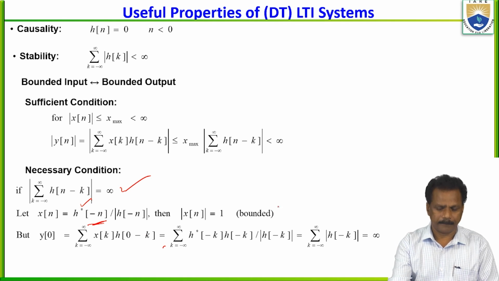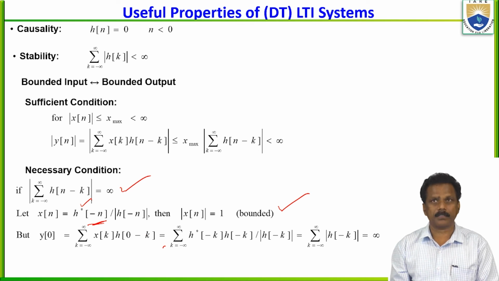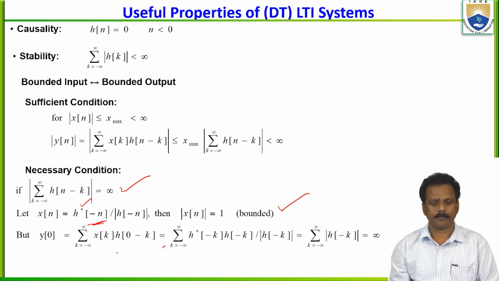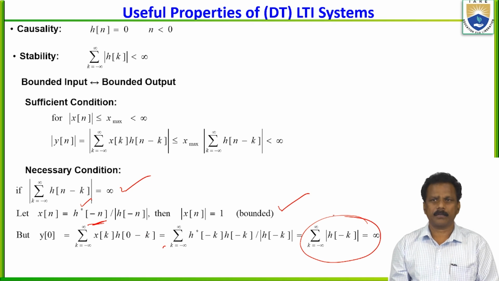It is bounded. Okay, next, y of 0 equals the summation k equal to minus infinity to plus infinity of x of k into h of 0 minus k, which is the summation of h of minus k into h of minus k by mod h of minus k, equal to the summation k equal to minus infinity to plus infinity of mod h of minus k, which is equal to infinity.